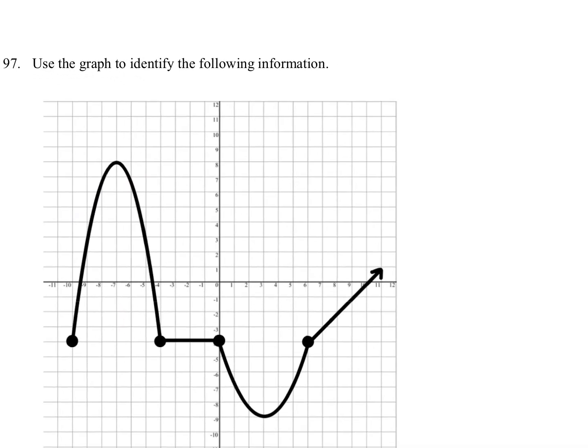For 97, we're doing the same thing we just did in 96. So domain, range, increase, decrease, and constant. Your domain for this one goes from -10 to +infinity. Your range, lowest y value is -9. Highest y value is infinity because that arrow is on the way to the right.